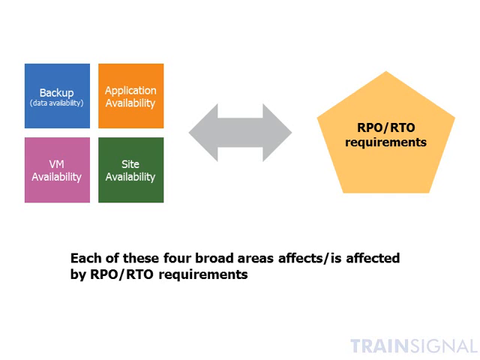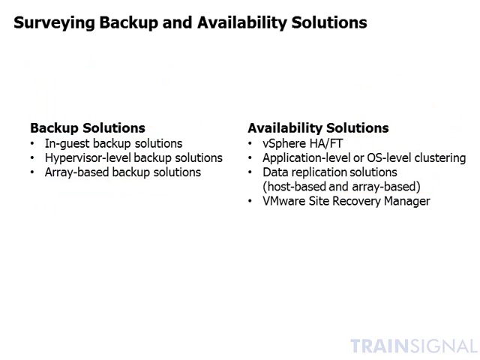So having that information available to you now, where you have defined RPOs and RTOs, and we'll look at an example of that later on in this section, that helps drive which of these areas is affected and how they're affected by those requirements. In order to specify backup and availability in our logical design, we have to have a good understanding of what sort of solutions we can use to meet the requirements or the needs that I've just discussed. The needs being backup or data availability, application availability, VM availability, site availability.